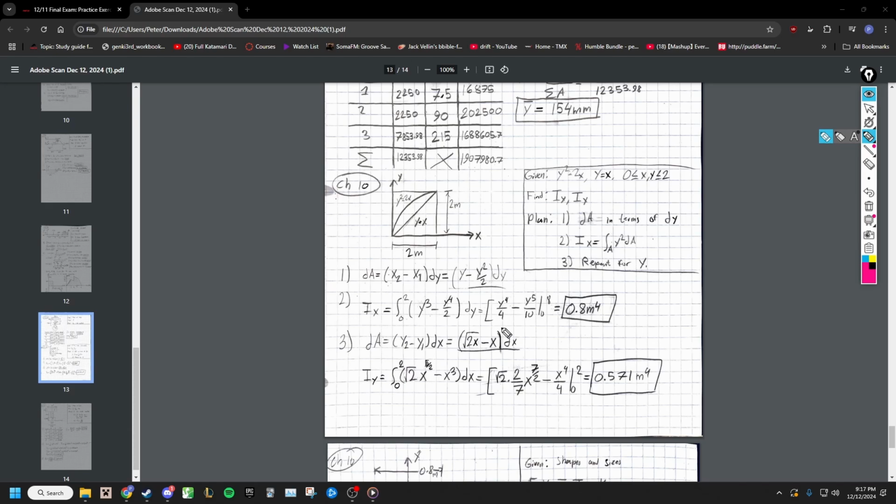Same thing for the I of y, our moment of inertia with respect to the y-axis. Our dx would be this area, but our dy would be y2 minus y1, right? Sorry, I'm so sorry. Because we have this upper function minus this lower function, and we solve those both for y.